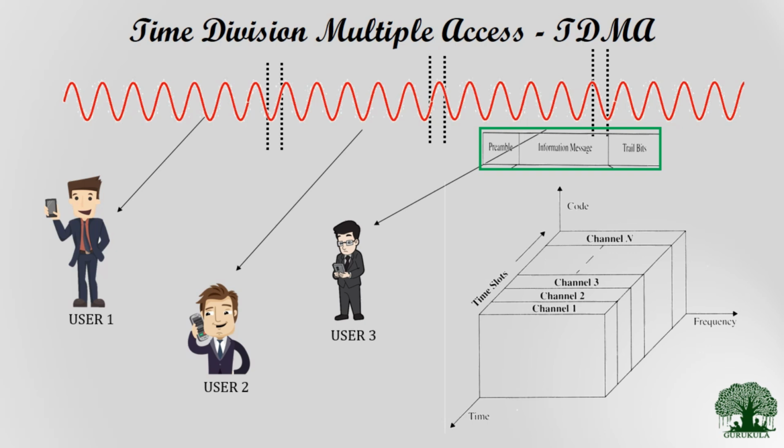This problem is overcome in the TDMA technique, because there are no restrictions on the frequency band. He can use a wideband signal, so the entire frequency spectrum can be utilized by one single user at a time. But the problem is that he can use the entire frequency spectrum only for a particular period of time.